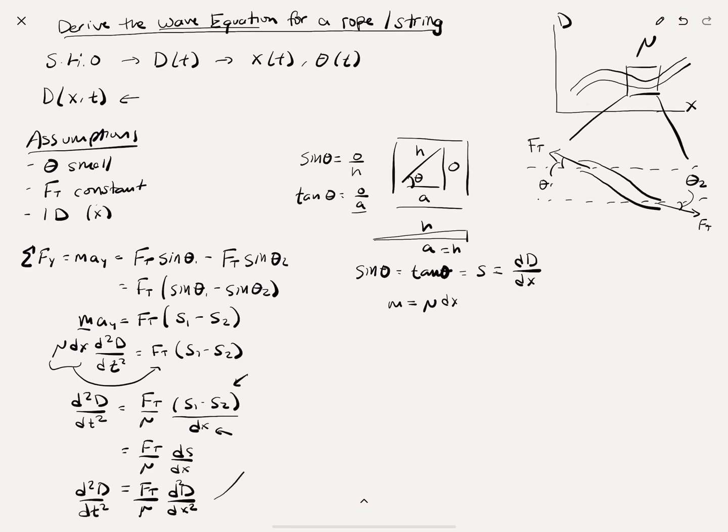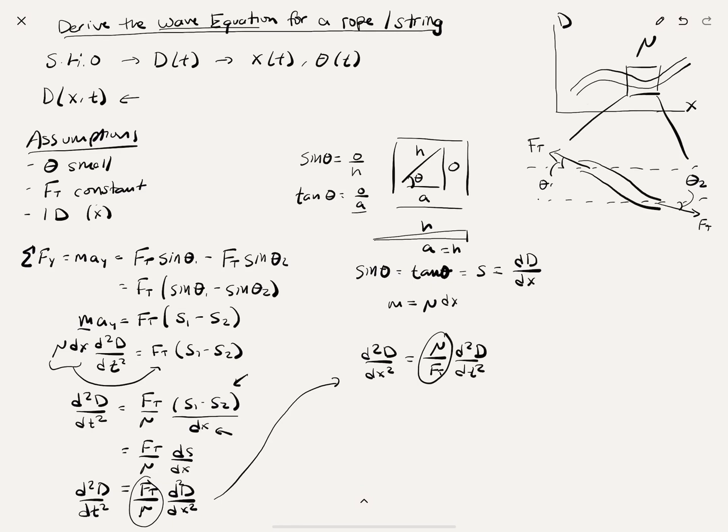I can go ahead and rewrite this another time, just moving this term to the other side. I see that d squared D over dx squared is equal to mu over F_t times d squared D over dt squared.